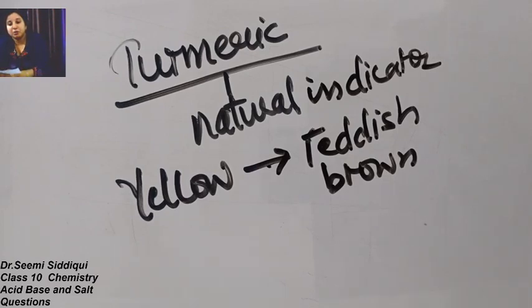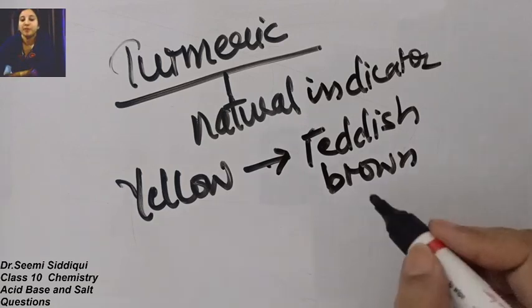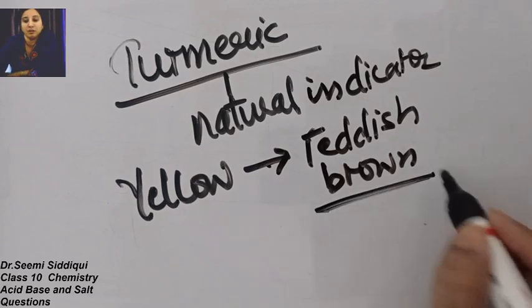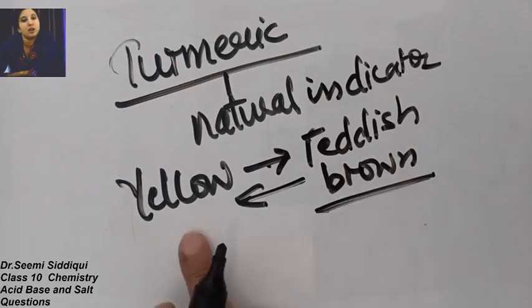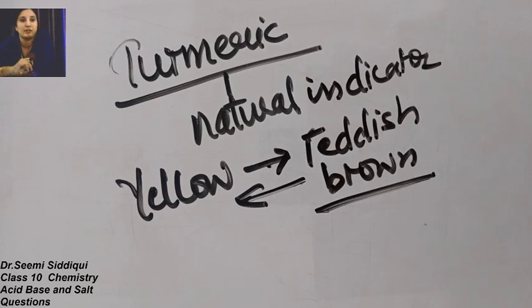Then the question says, what happens to this stain if the shirt is washed with plenty of water? When you wash the shirt again and again with plenty of water, the water will remove the soap from it, meaning the base will get removed. Therefore this reddish brown color will again change to yellow.